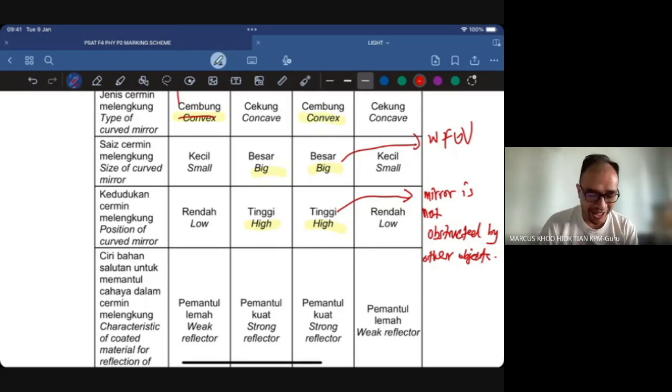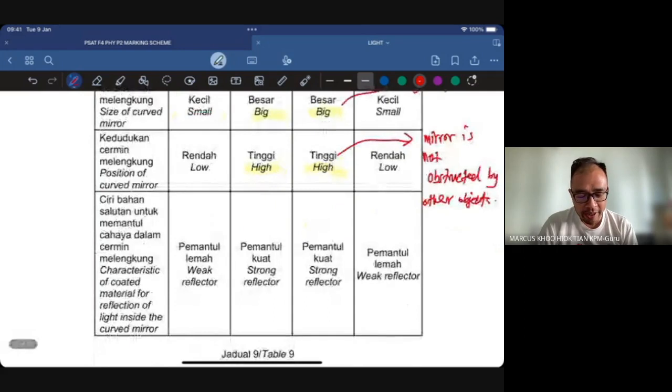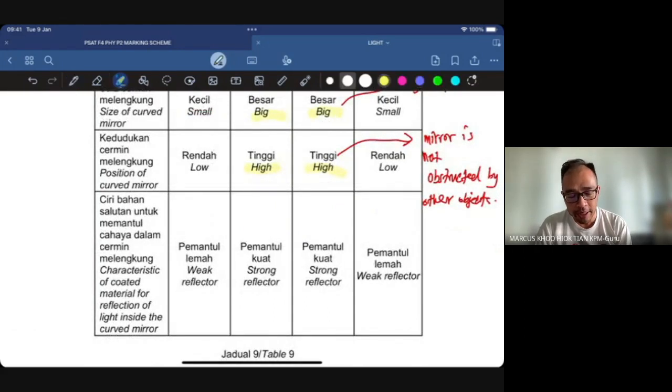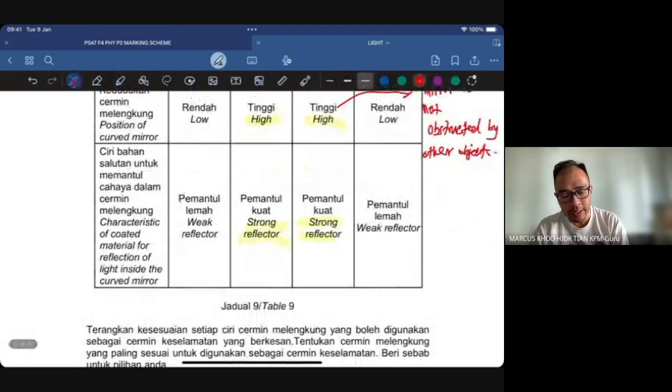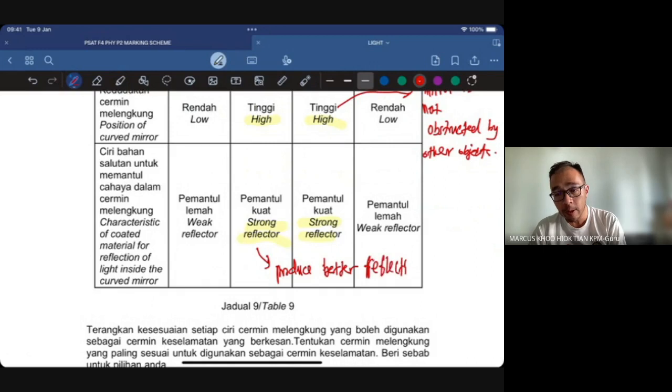No lah, don't need. Okay, characteristic of the coated material. Okay, this is a strong reflector. Definitely lah, strong reflector. Okay, so you can say that the answer for this is to produce better reflection. Or sharper image.